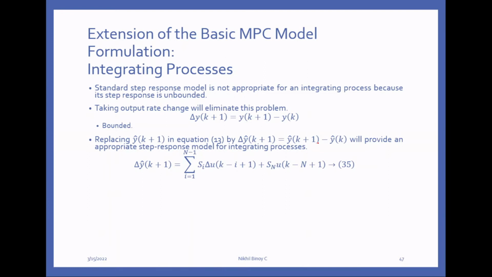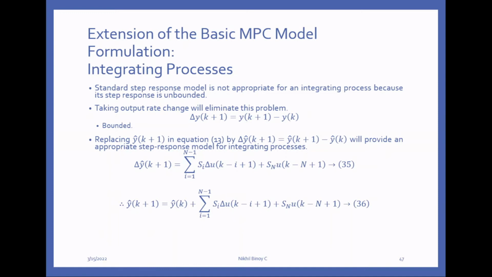So it will become y cap of k plus 1 equal to y cap of k plus sigma i equal to 1 to n minus 1 of S_i into delta u of k minus i plus 1, plus S_n into u of k minus n plus 1.